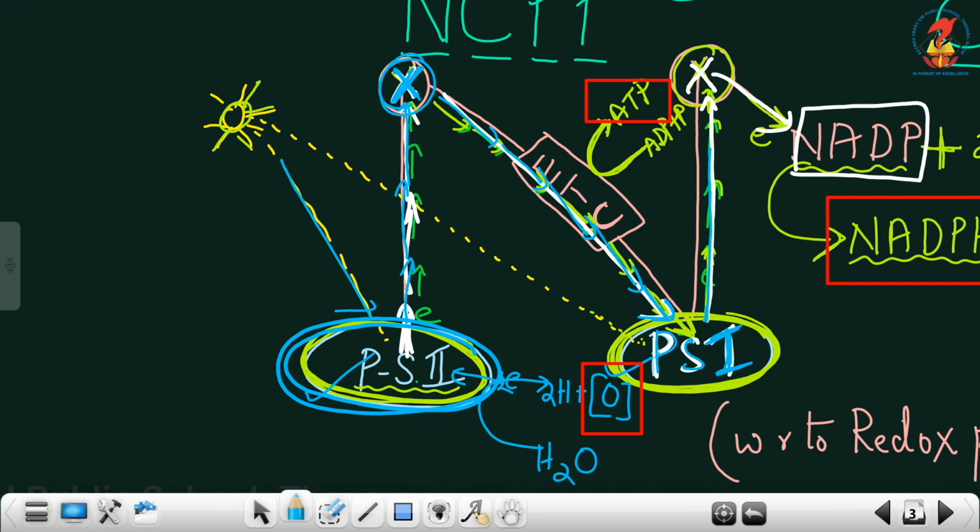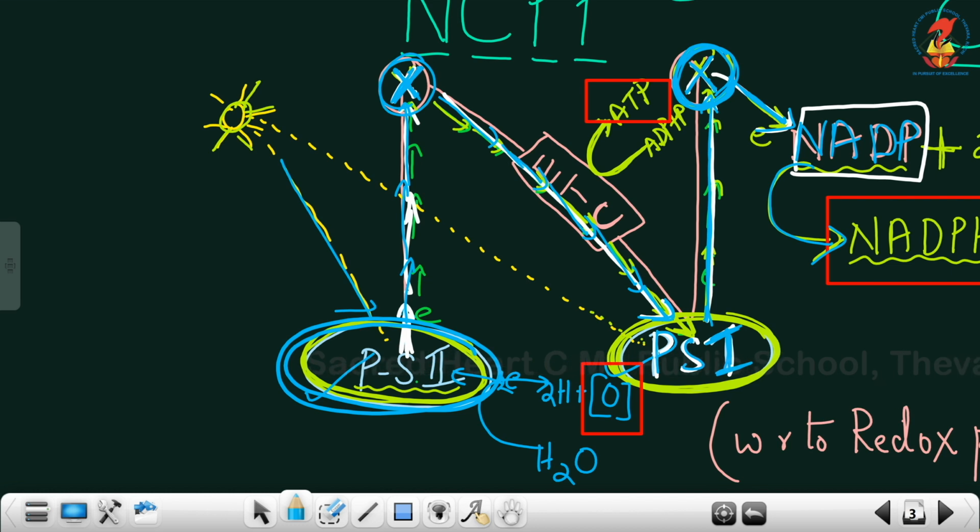Now the electron that is lost from photosystem 1 goes to another, second electron acceptor. Now look at the electron acceptor's location, it's also uphill because of a higher redox potential. And from this electron acceptor, it goes downhill to a molecule called NADP, which gets reduced to form NADPH.